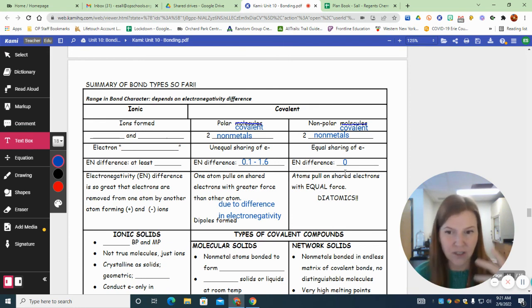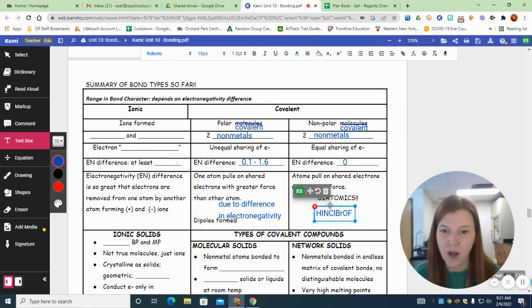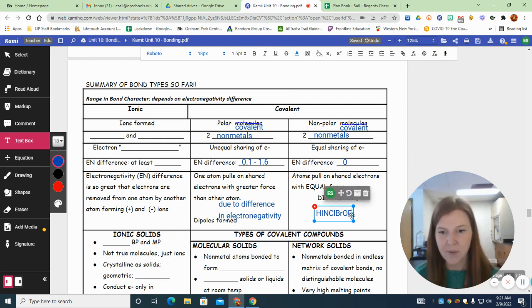Atoms that share electrons with equal force, like your diatomic elements, and this might be a good place just to remind you. Hinkelbroth, right? Hydrogen, iodine, nitrogen, chlorine, bromine, oxygen, and fluorine are our 7 diatomic elements, things that bond to themselves, right?